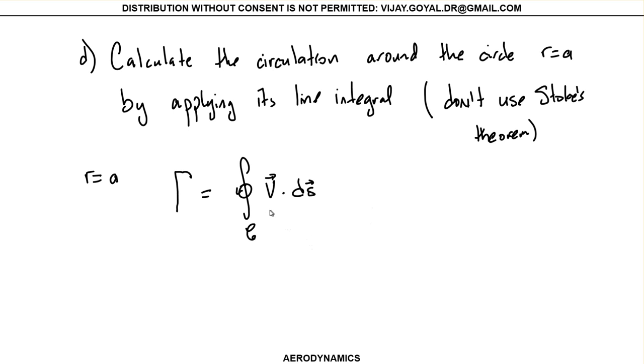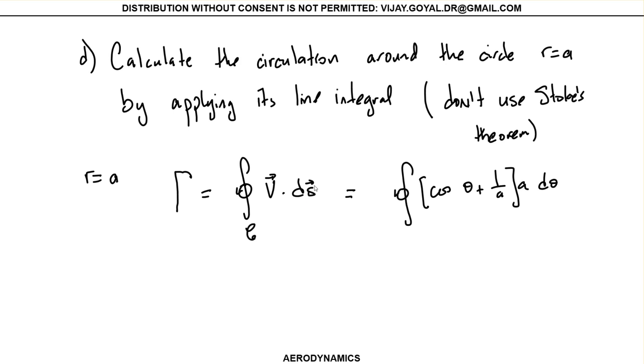So I have my v, and this is the integral of cosine of theta plus 1 over a times a d theta. You know what this looks like, because this is in polar coordinates.